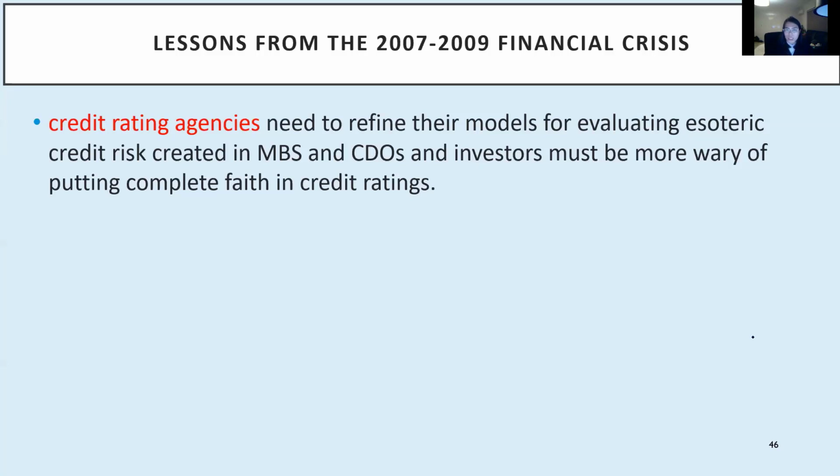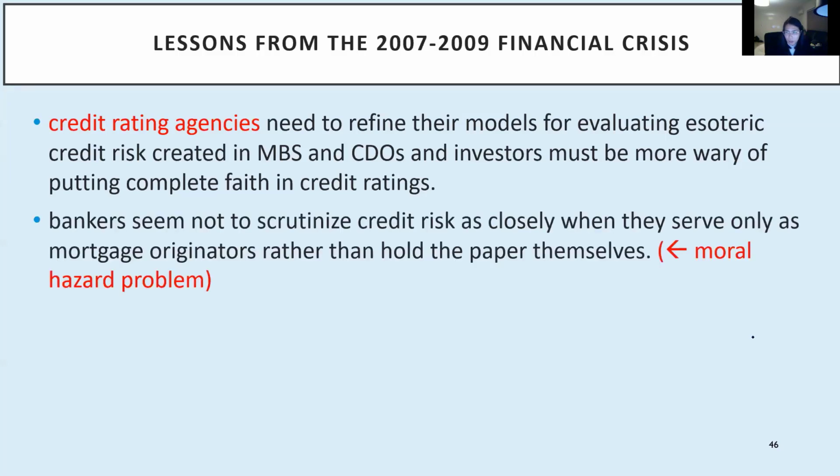Because of this, they did not have an incentive to downgrade the mortgage-backed securities until the problem became too serious. Second, because of the securitization process where the banks write off their mortgage loans into mortgage-backed securities, they no longer have the incentive to monitor the loans or screen the borrowers. As a result, this creates a moral hazard problem as well.